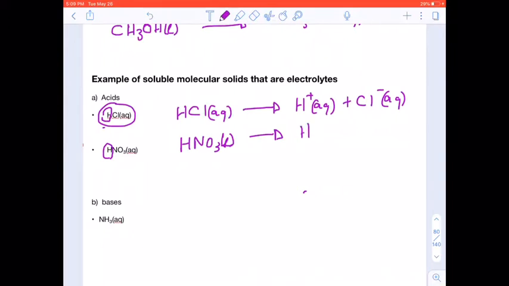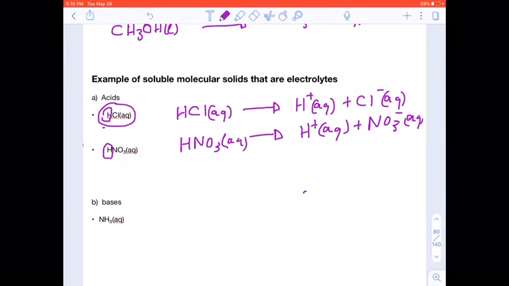H plus aqueous plus NO3 minus aqueous. Alright, so, or perhaps let me just write it this way. So we say aqueous.